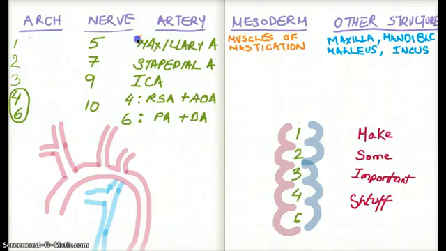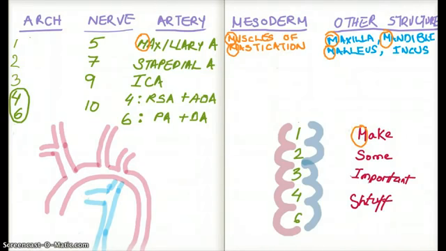M for maxillary artery, M for muscles of mastication, M for maxilla, M for malleus, M for mandible, and incus you just have to kind of remember. That doesn't really fall under the M mnemonic.